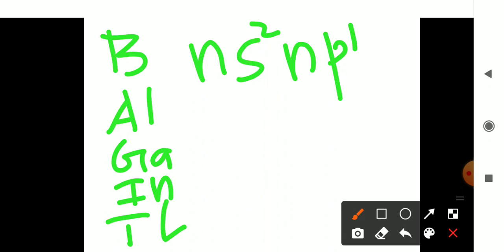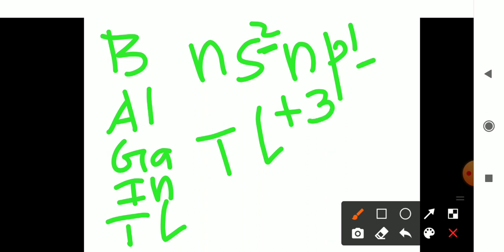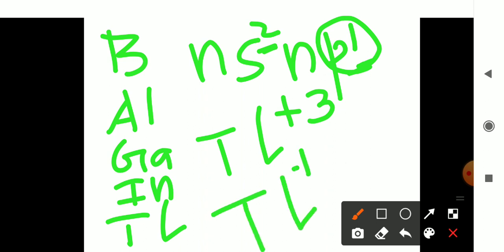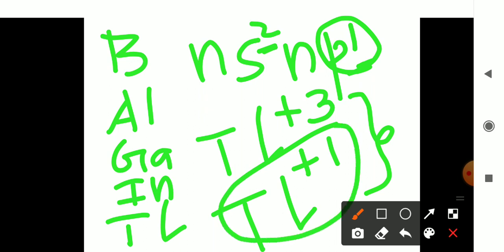Here there are two possibilities. Thallium can lose the two electrons of the s orbital and one electron of the p orbital and be converted into thallium plus 3. Another possibility is that it loses only the electron of the p orbital and becomes thallium plus 1. Out of these two, thallium plus 1 is more stable. The reason is inert pair effect.